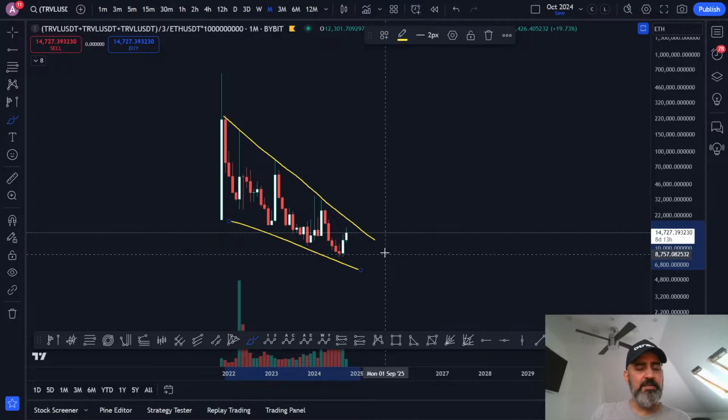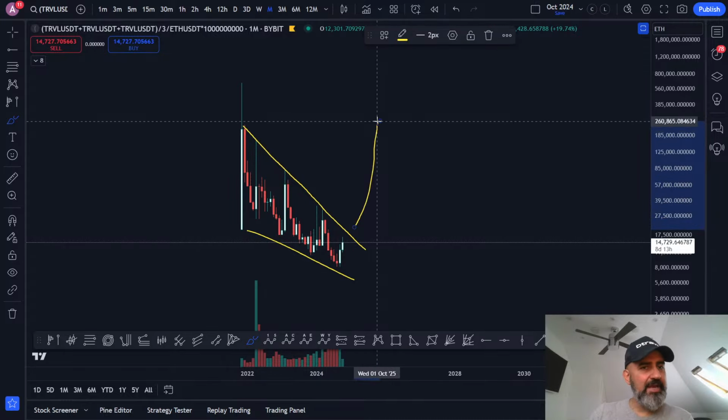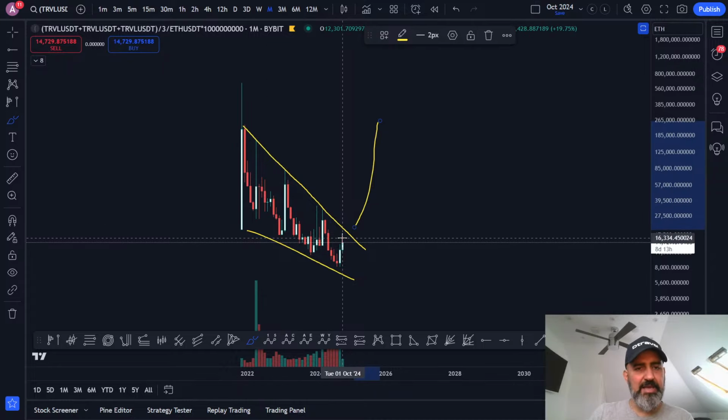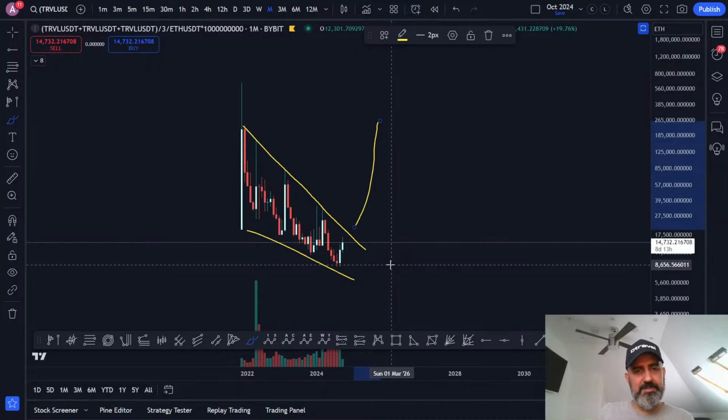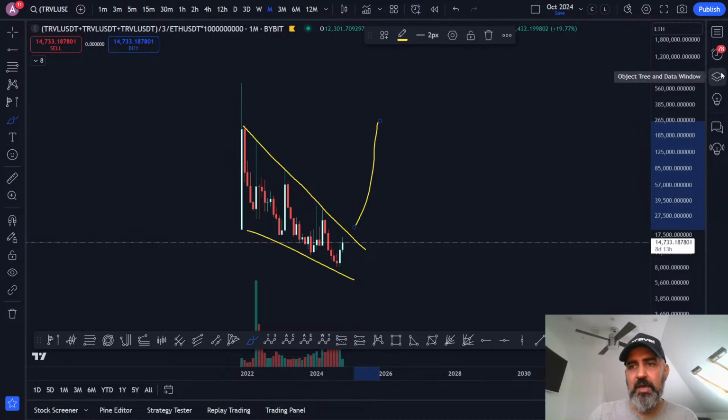So we'd be falling, and potentially we could break out, and that's what we all want to see. We want to see a nice breakout, take us right back up to all-time highs, and that's the trade effectively. In my mind, that's the trade against ETH and against BTC, and then you'll be comparing that against the USD chart to make sure that there's a little bit of confluence between the targets.